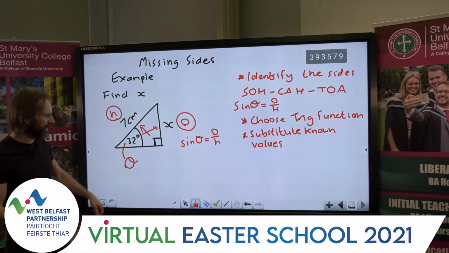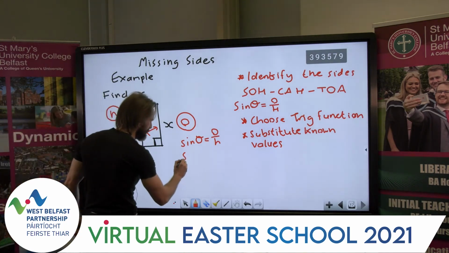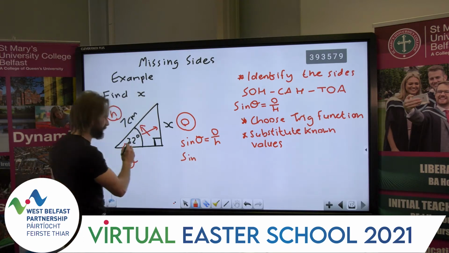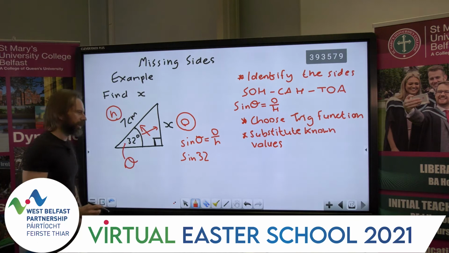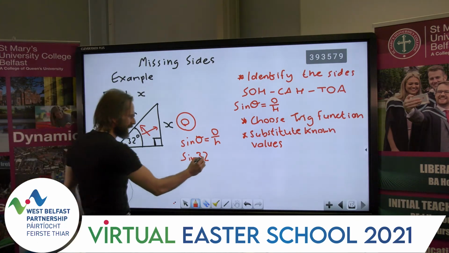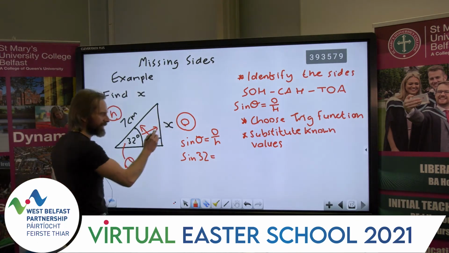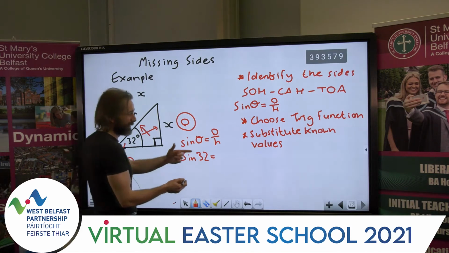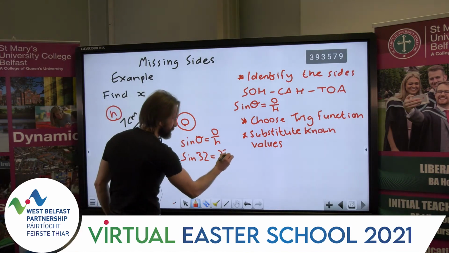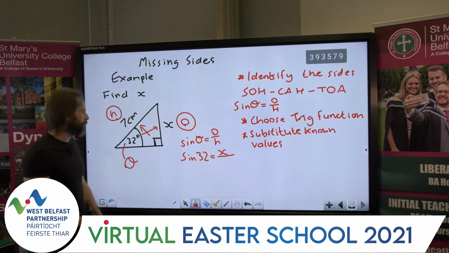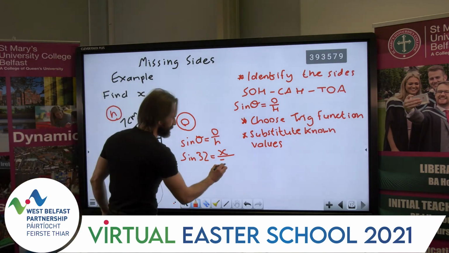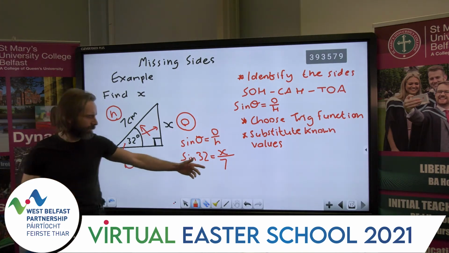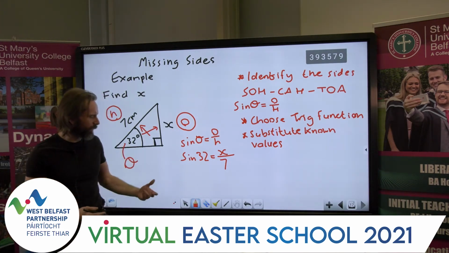Beta is the angle, so sine beta becomes sine 32, which is equal to the opposite over hypotenuse. The opposite is x, which we're trying to find, so we can either leave it as opposite or write in x, over the hypotenuse. The hypotenuse is 7.